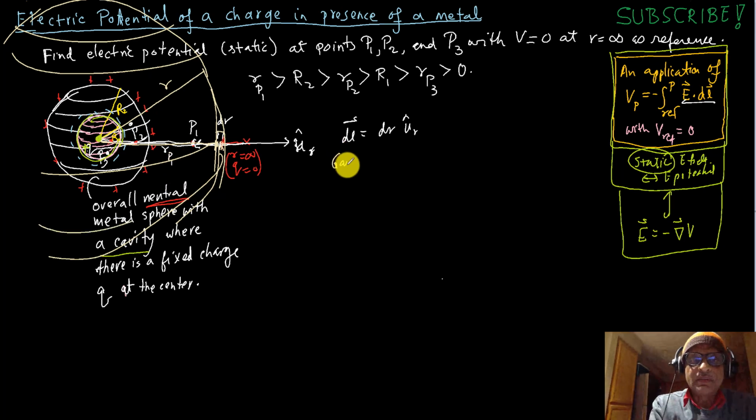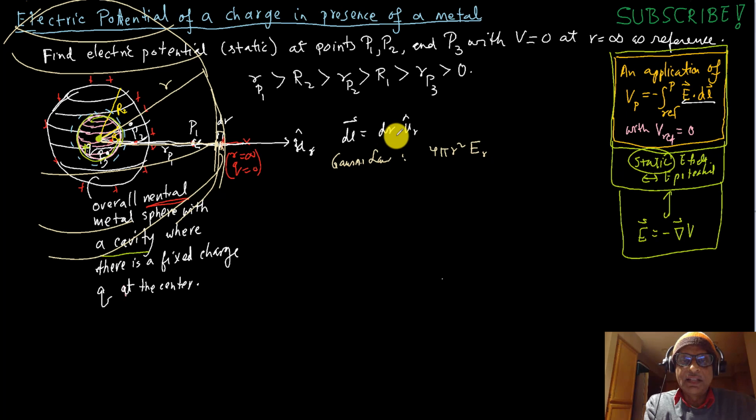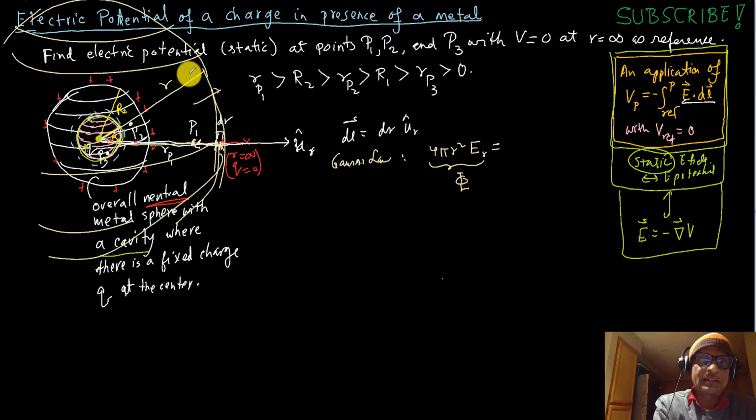So Gauss's law applied to this is going to be 4 pi r squared E_r, the radial component of the electric field. This will be equal to, this is the flux of the electric field through this surface, equals how much charge is enclosed over epsilon naught.